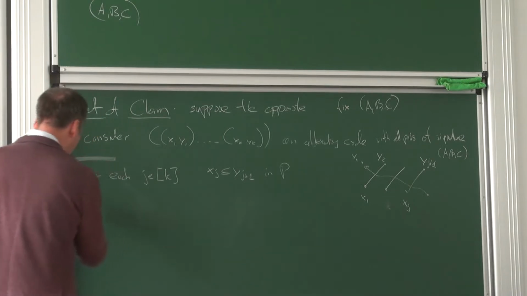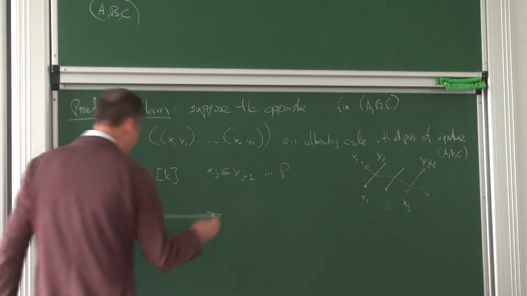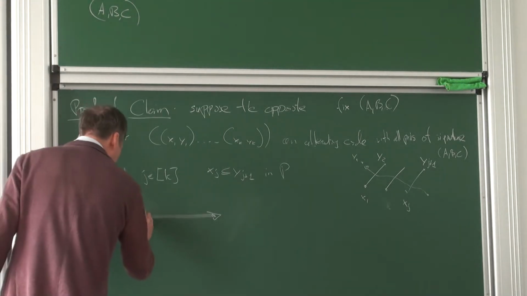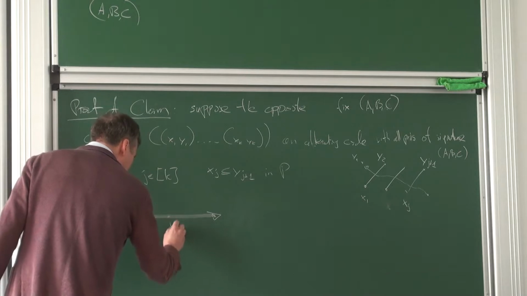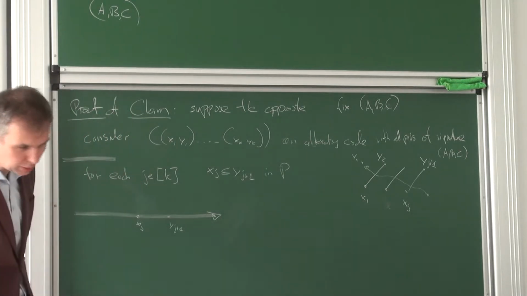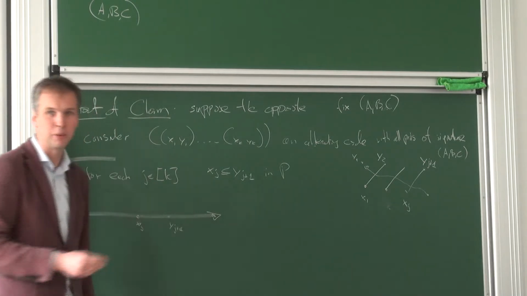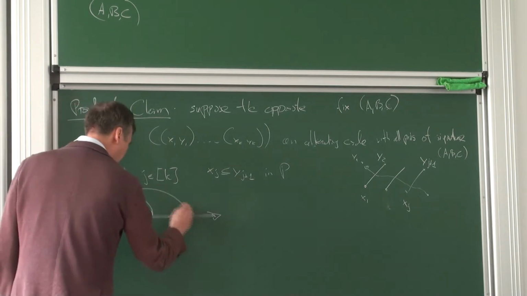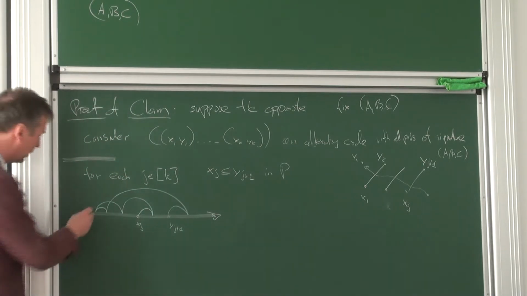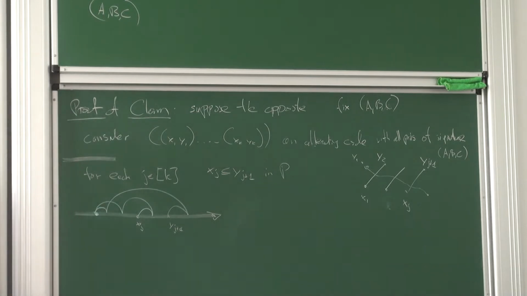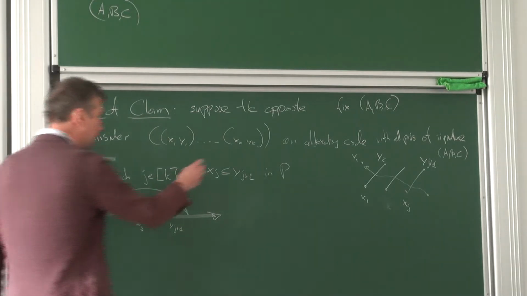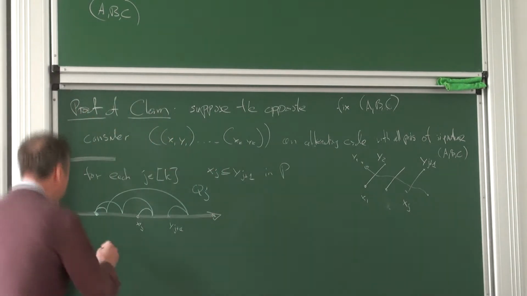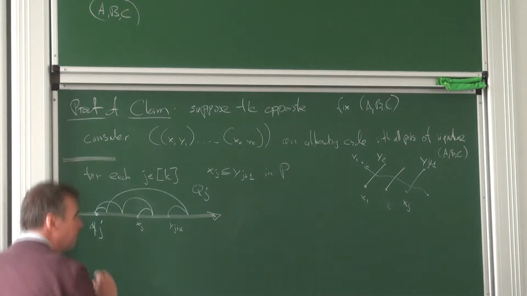So we should have a look at pi now. I don't know where xj and yj plus 1 are with respect to each other, so I'll make some assumptions just to make this meaningful. Maybe this looks like this, but then there are some ways to get from xj to yj plus 1. Maybe there is a path that looks like this, and I would like this path such that this element here is leftmost possible. This path from xj to yj plus 1 will be called qj, and this leftmost element will also be called qj.